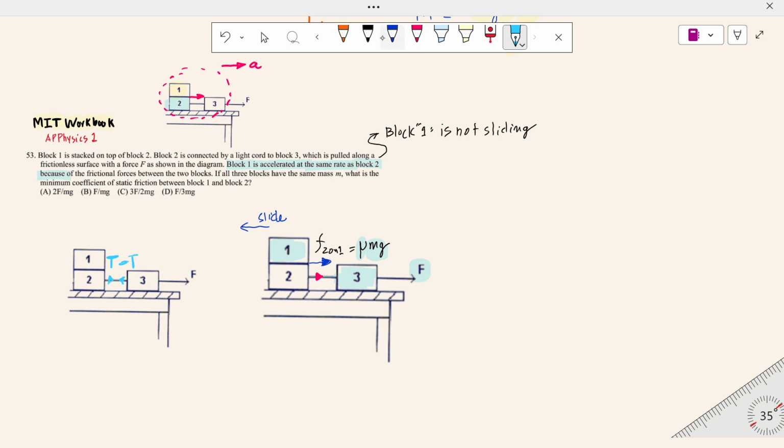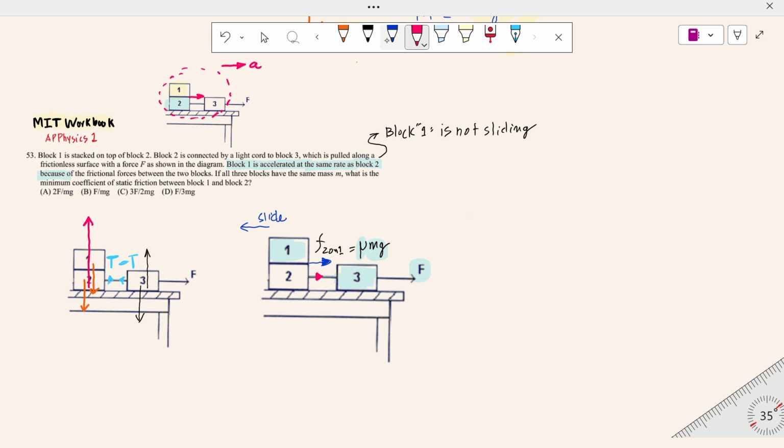What about the normal force and the weight? This is the weight of block 3, which is equal to the normal force of block 3. Overall, the forces downward are equal to the forces upward. Once again, the weight is equal to the normal force.